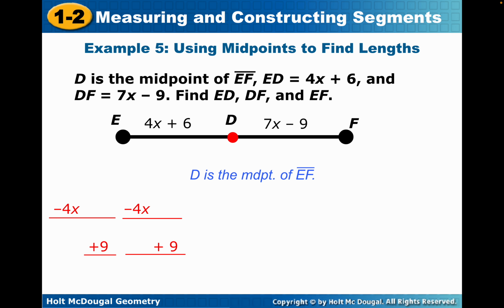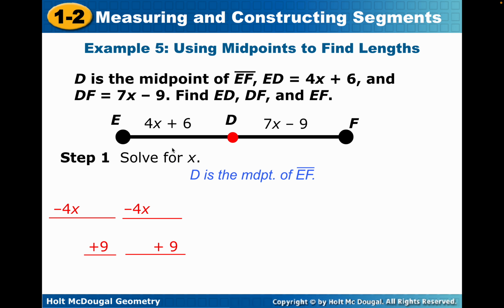If we look at this image, it shows us that ED equals 4x plus 6 and DF equals 7x minus 9, and at the very top it says D is the midpoint of EF. Since D is the midpoint, it bisects EF perfectly in half. Therefore, that makes ED congruent to DF. Imagine there's a tick mark right here showing that those two are congruent.